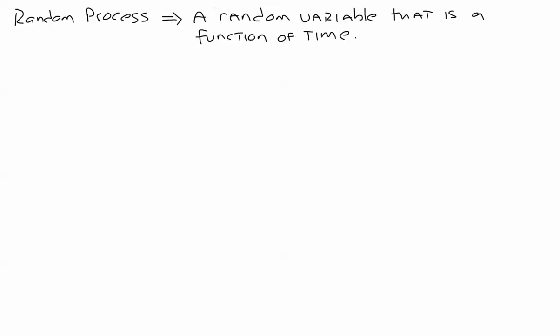For our purposes, that's the essential difference. That's probably not fully, precisely correct, but for our purposes, a random process is going to be a random variable that's also a function of time. So let me introduce the idea this way. A little thought experiment.